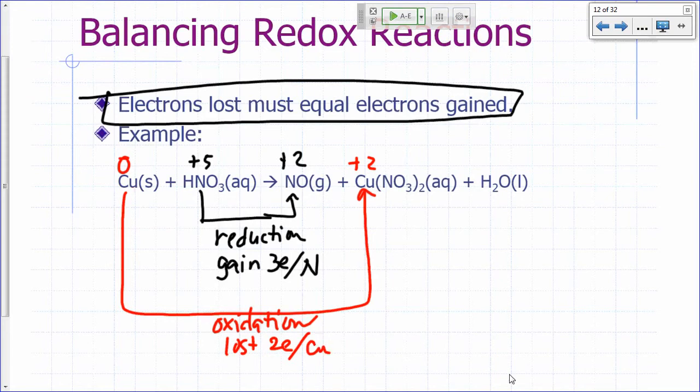All right, so since electrons lost must be equal to electrons gained, every time we get one of these, we're gaining 3 electrons. We have to be losing 3 electrons somewhere also, but this one only gives you 2 electrons. What should we do to balance electrons lost and gained?